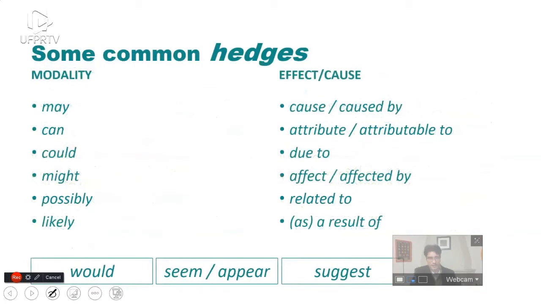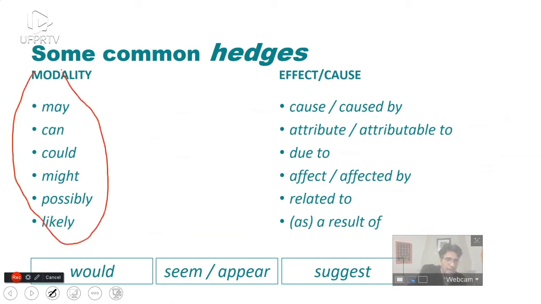So some common hedges that you find, and you're going to have a small exercise on this on Moodle. Some typical hedges are may, can, could, might, possibly, and then you have verbs that are related to cause and effect, about the observed effects that you're talking about.